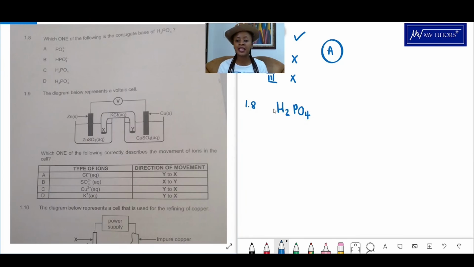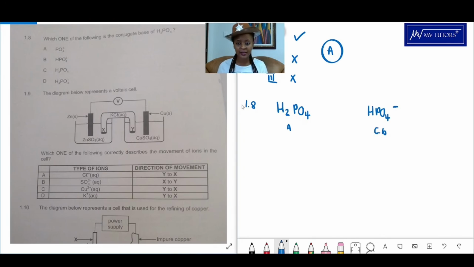Once it donates it, on the other side it will be HPO4. Because we took a positive away, we're going to have a negative. We took away a hydrogen, we took away a positive, so now the net ion would be negative, and that would be a conjugate base. So let's look for that answer.